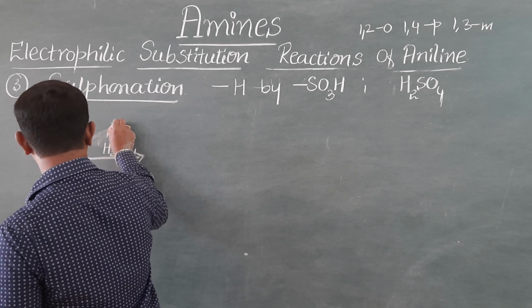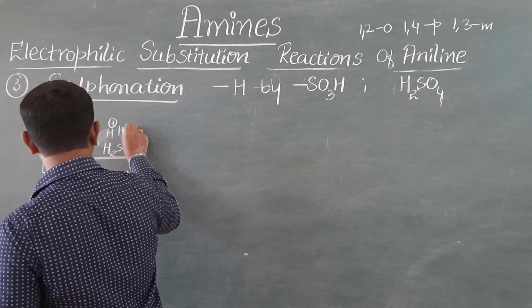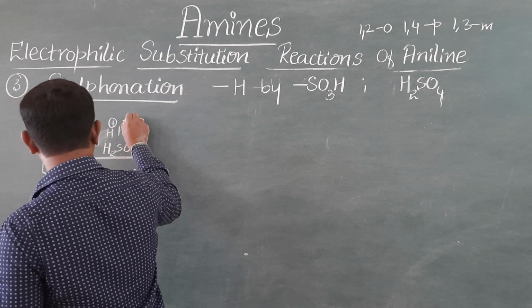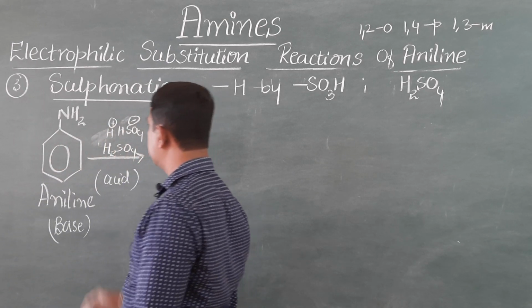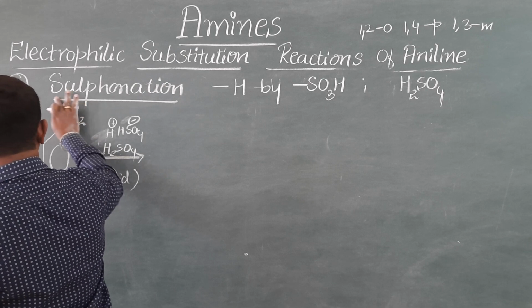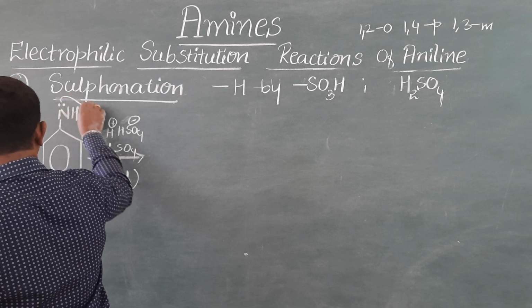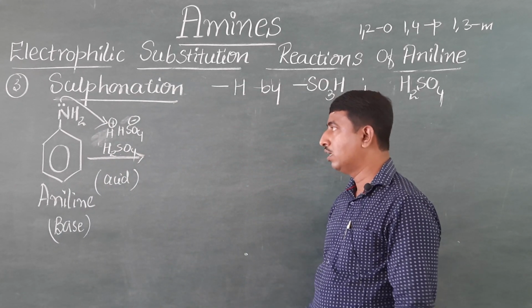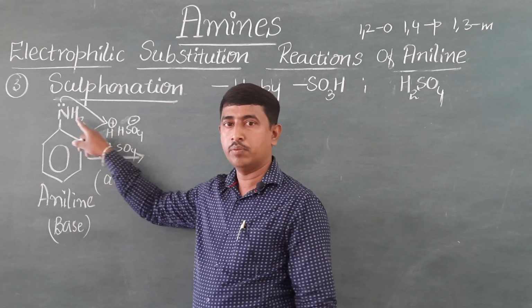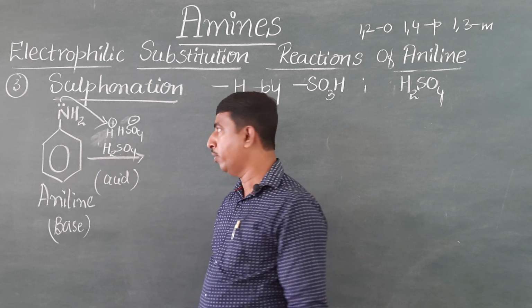Sulfuric acid upon ionization produces H plus and HSO4 minus. In aniline, nitrogen contains a lone pair of electrons. It readily accepts the proton because it is a base. Acid always donates the proton, base always accepts the proton.